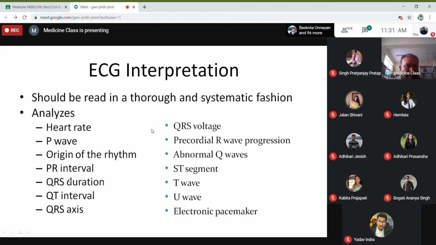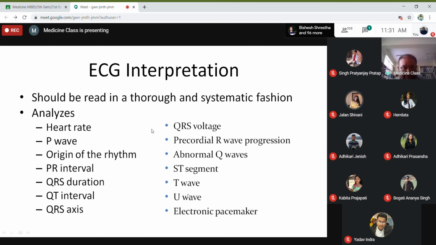We describe the QRS complex, its duration, voltage, whether there is an abnormal QRS complex, the axis, intervals, whether there is R wave progression or not, and even the ST segments. So we describe a lot in the QRS complex.